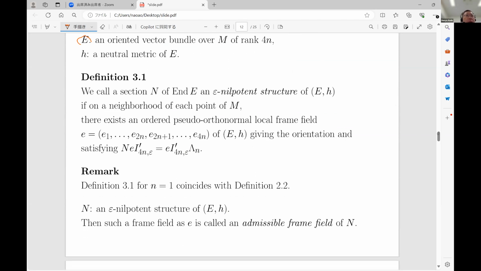Let large E be an oriented vector bundle over M of rank 4n, and H a neutral metric of E. We call a bundle endomorphism large N an epsilon nilpotent structure of EH if on a neighborhood of each point of M, there exists an ordered pseudo-orthonormal local frame field small e, giving the orientation of the vector bundle and satisfying this.